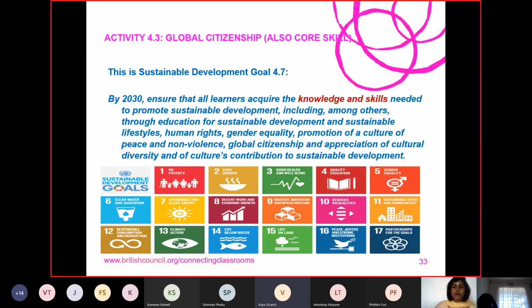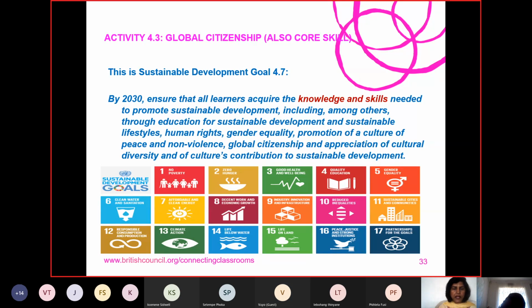So that brings me to this point about global citizenship. You may or may not know, but I think it's incumbent on me perhaps just to mention this. Global citizenship is also one of the core skills in the British Council. Citizenship is one of the core skills.